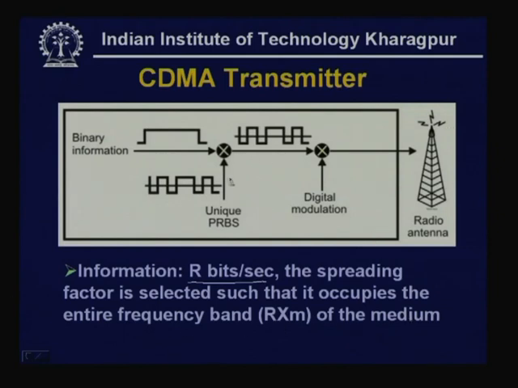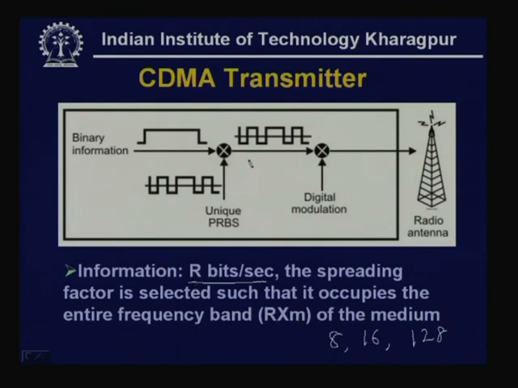That means the number of bits in this chip sequence is chosen such that it occupies the entire bandwidth of the channel. So, it can be 8, it can be 16, or it can be 128, depending on the bandwidth of the medium. So, you see the signal that comes out becomes m times, which is the number of bits in the chip sequence, the data rate of the medium.